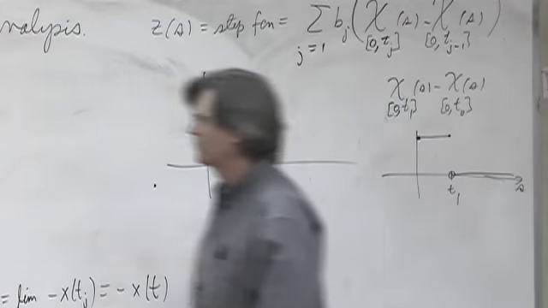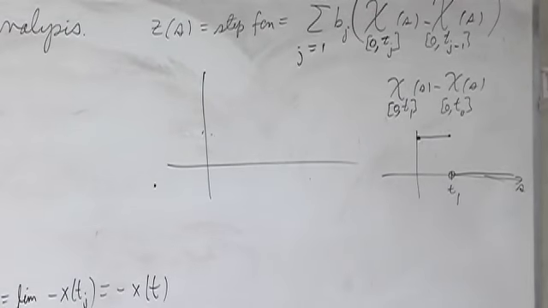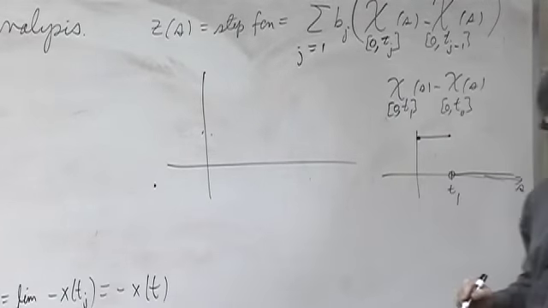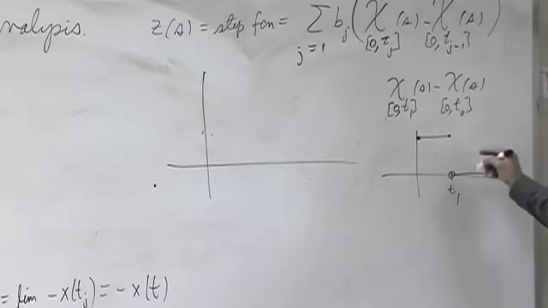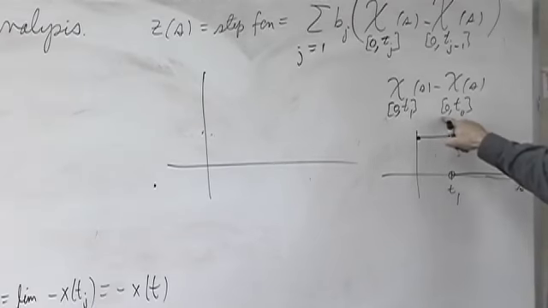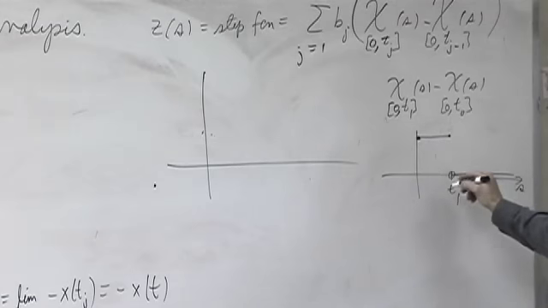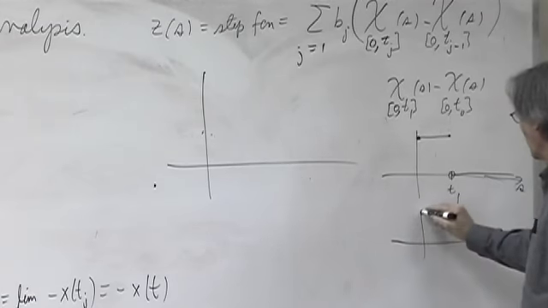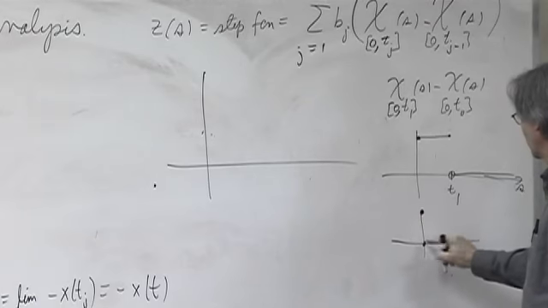Chi with a subscript equals chi sub interval 0 to t when I need more emphasis. Okay, so one is the interval from 0 to t_1, the other one is the interval from 0 to t_0, which is 0 to 0. So the other one is just a function which is 1 at one point and 0 otherwise.